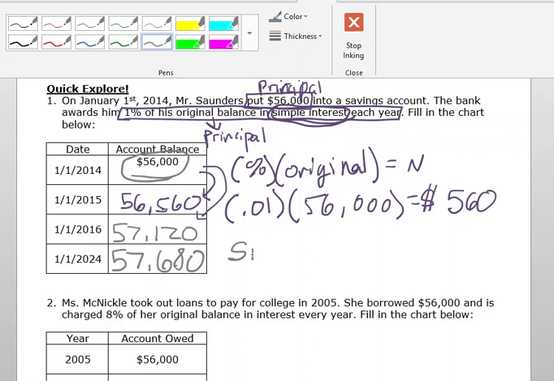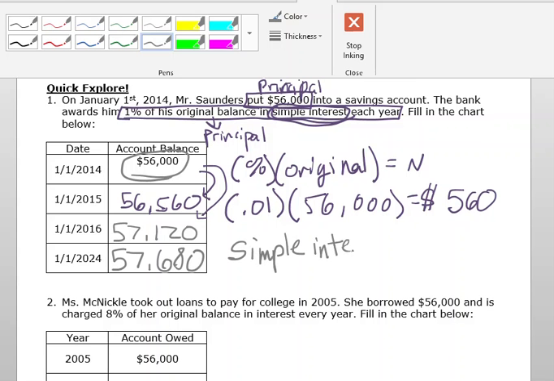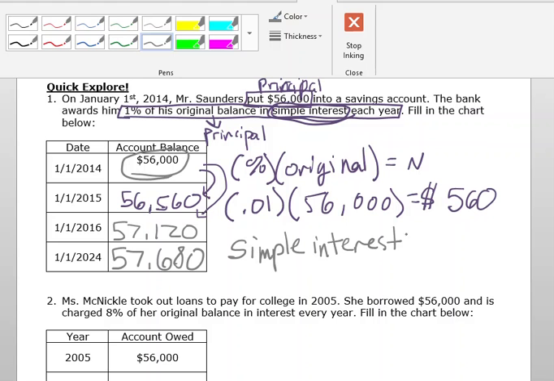So I'm just going to write this here: simple interest is based on the original principal.